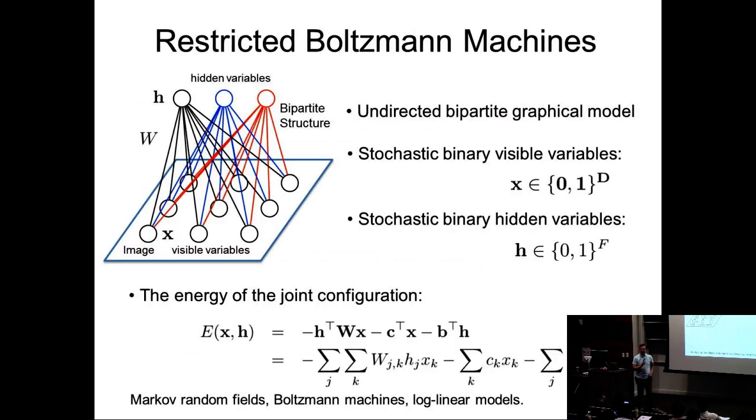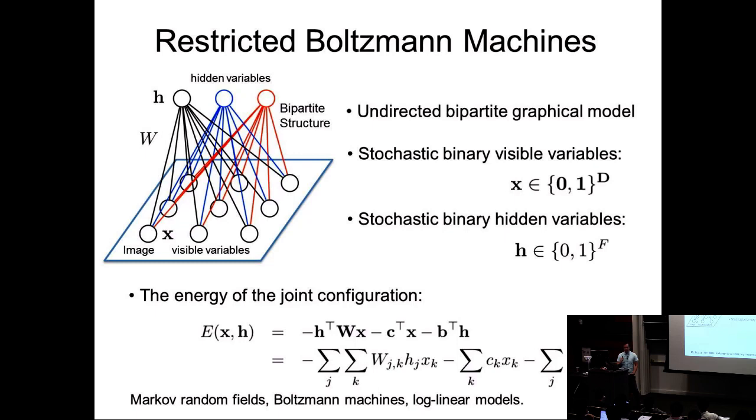We've touched upon this, I guess, in our last class briefly. So let's remind ourselves what this particular model is. You have an undirected bipartite graphical model, right? You have stochastic binary visible variables x. Okay, so think of them as pixel intensities, binary, and we have stochastic binary hidden variables h.